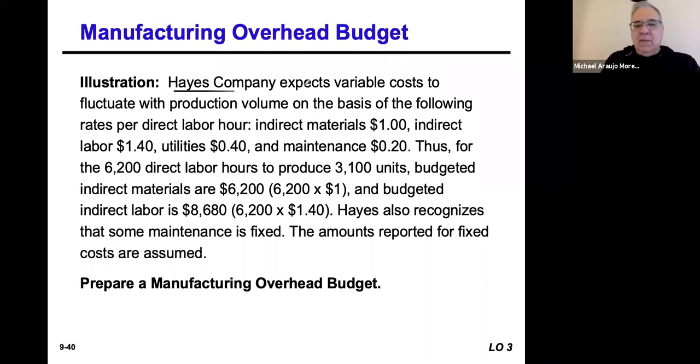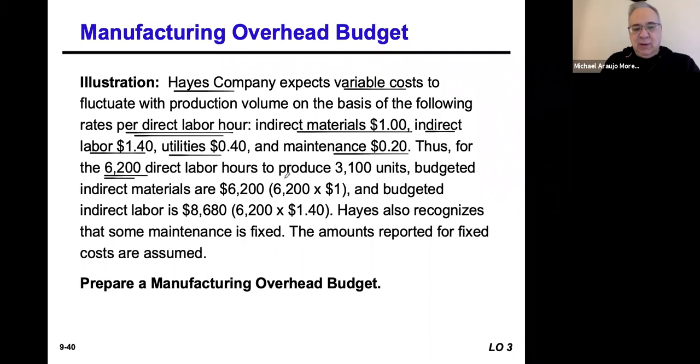First thing, variable costs are going to fluctuate with production. So these are our variable costs per direct labor hour. For every labor hour we need indirect materials for $1, indirect labor at $1.40, utilities at 40 cents, and maintenance at 20 cents.